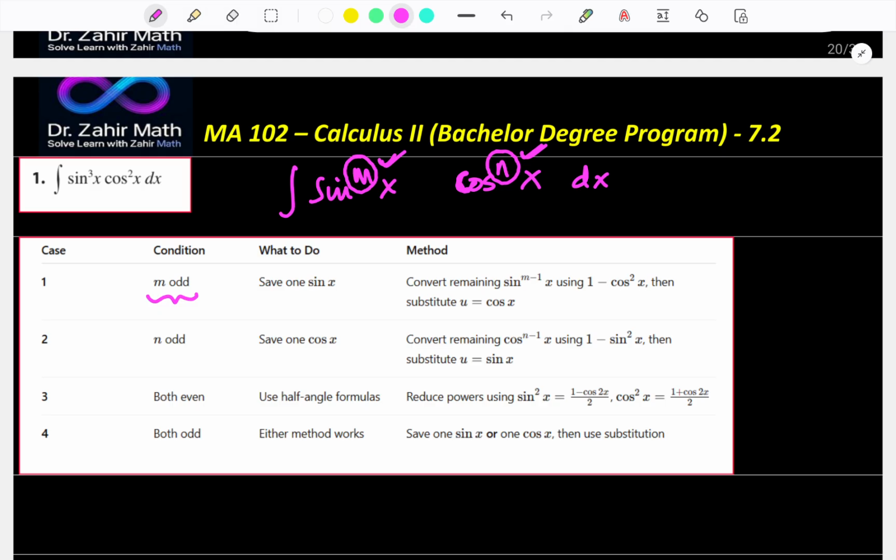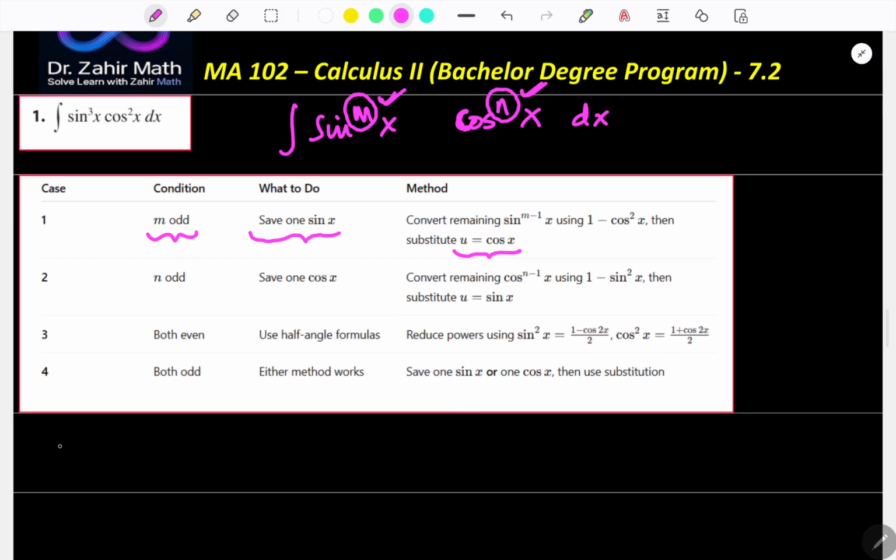So m is odd. What you need to do? Say 1 sin x. What is this, teacher? Say 1 sin x. Right. Remaining one sin power m minus 1 x using 1 minus cos square x. Then substitute u is equal to cosine x. Listen carefully. So what is the question?